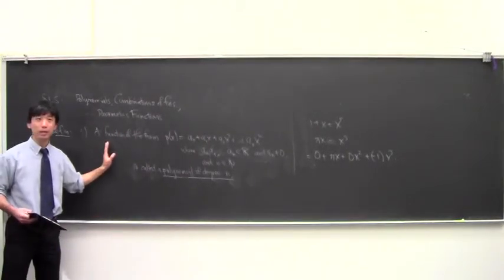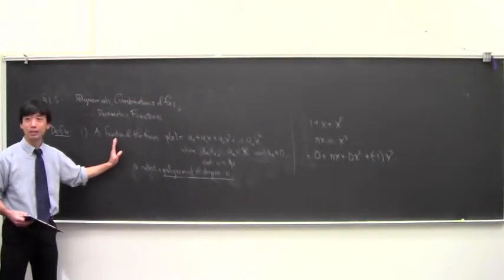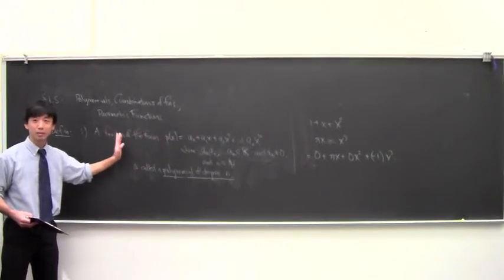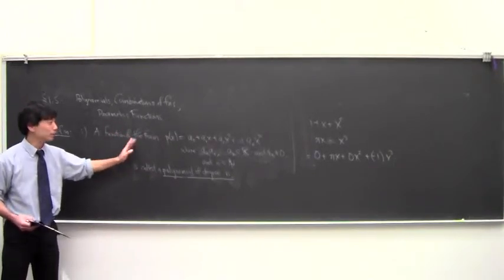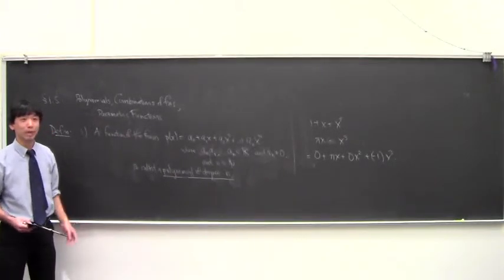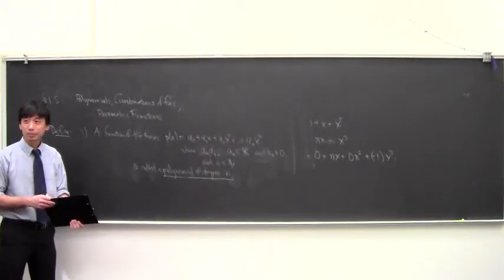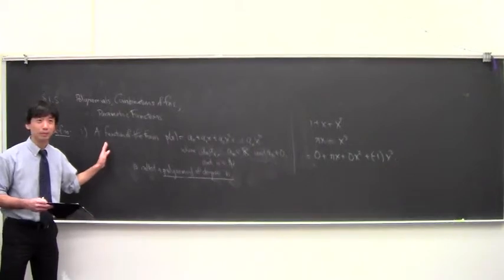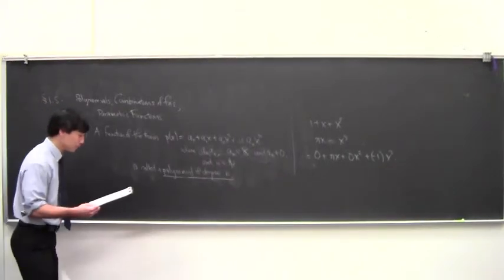Is that clear? Does everyone see how to read this sort of thing? It's maybe a bit novel to you to see a polynomial expressed like this, but this is how people write mathematics. Any problems? No. Okay.